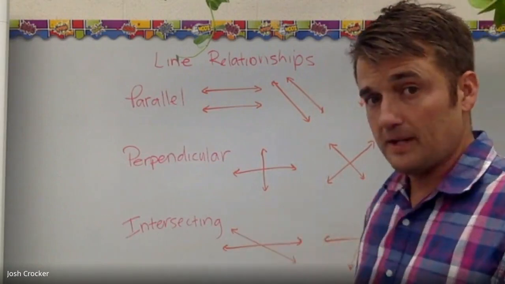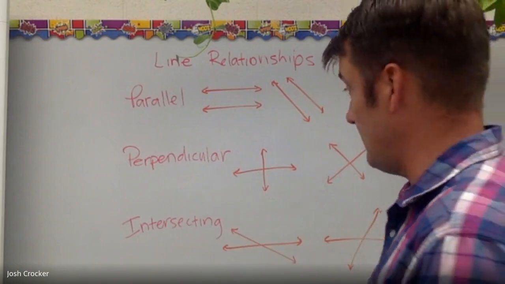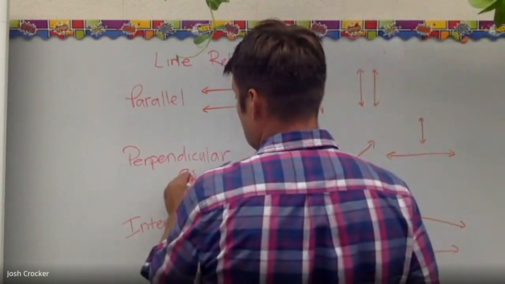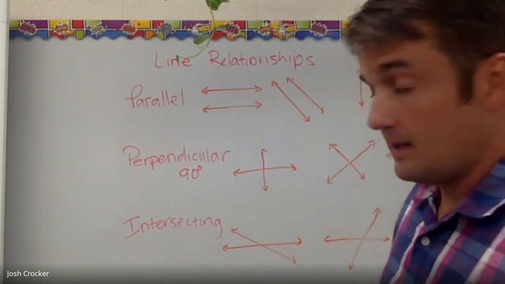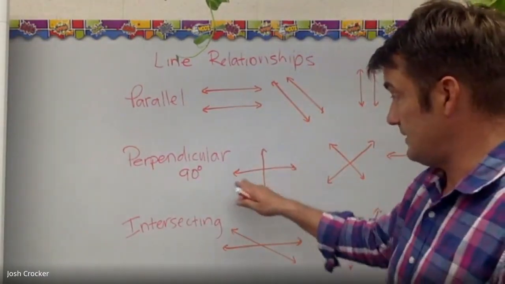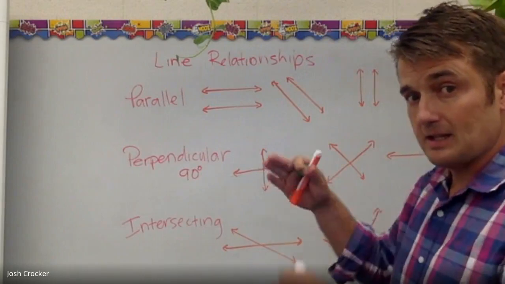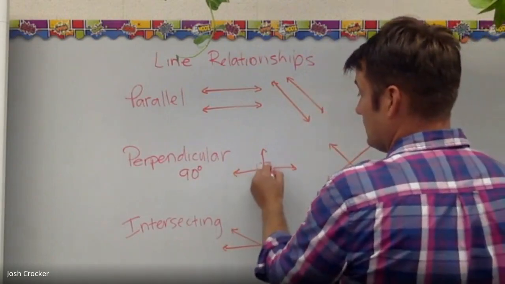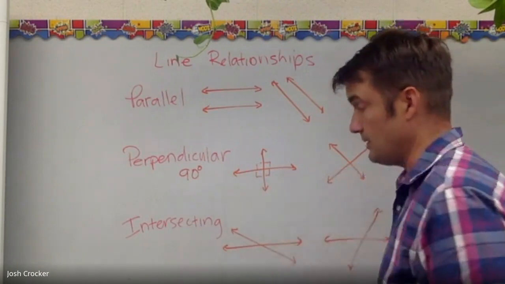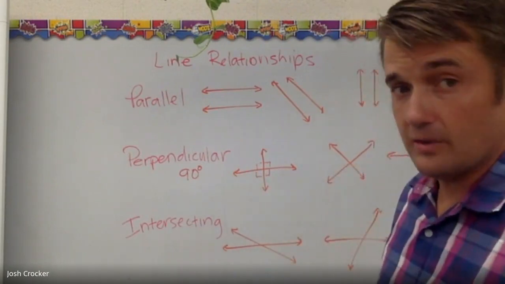Perpendicular means that where they meet, they make 90-degree angles, right angles. A lot of the time you'll see it like this, the cross shape, where you have a 90-degree angle all the way around, four 90-degree angles.